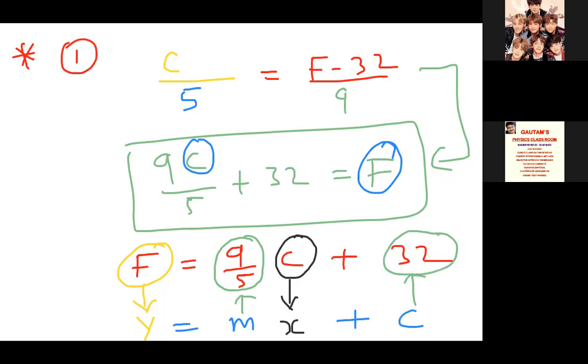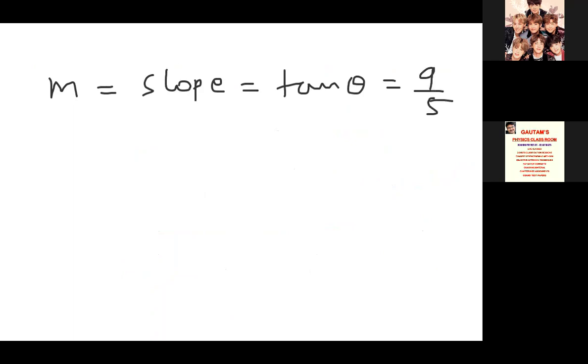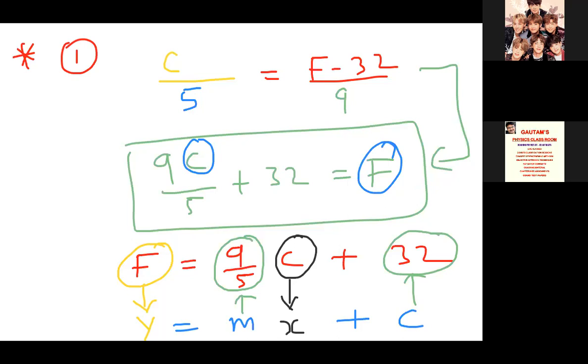m is the slope. Slope is tan theta, 9 by 5. Let me write that one: m is equal to slope is equal to tan theta is equal to 9 by 5. Fine. So from this information, I know that m is called the slope.